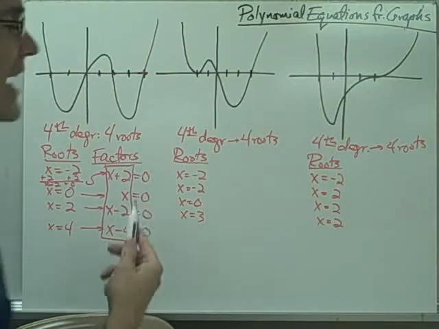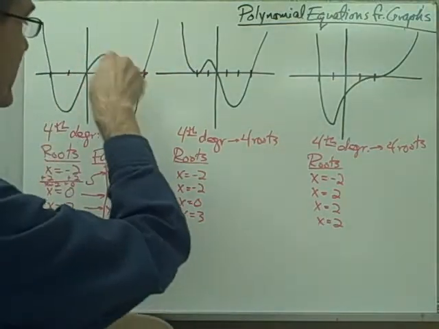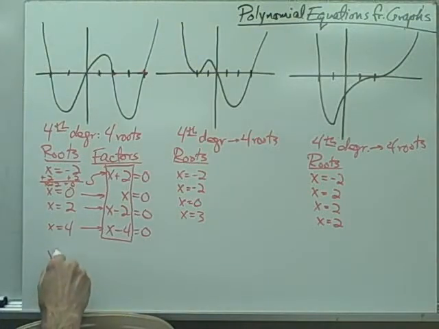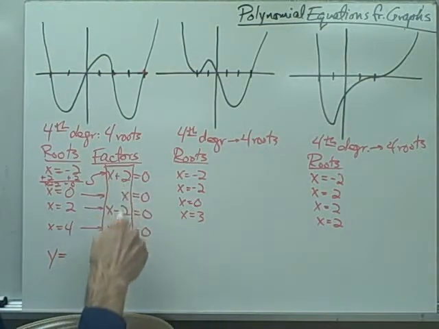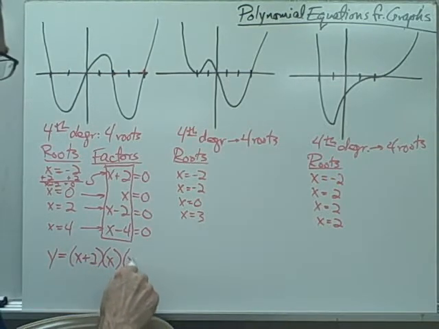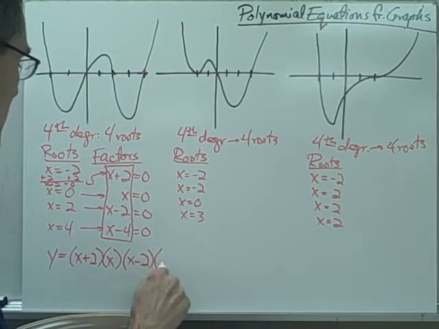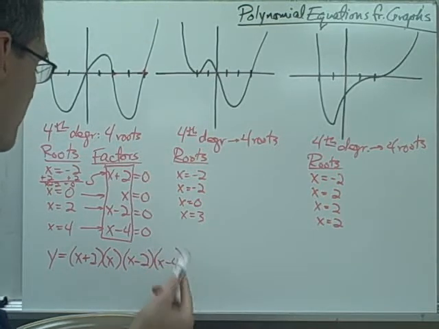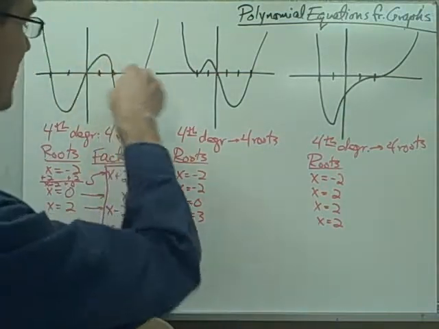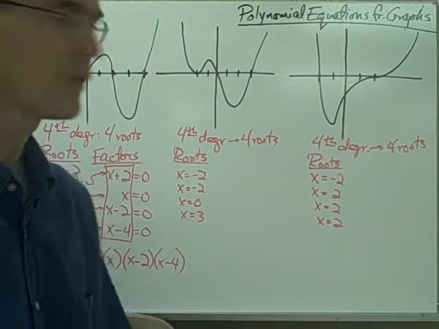And since I have these 4 factors, I can go ahead and write down the equation for this graph in what we're going to be calling factored form. So here are my 4 factors, and I just write them down. X plus 2 is a factor times x minus 2 times x minus 4. And now I have a formula for this polynomial function in factored form.